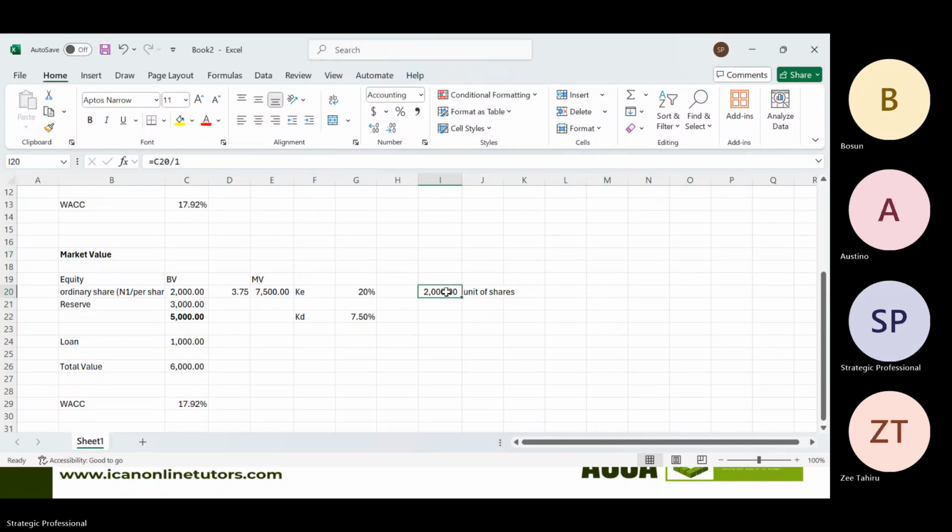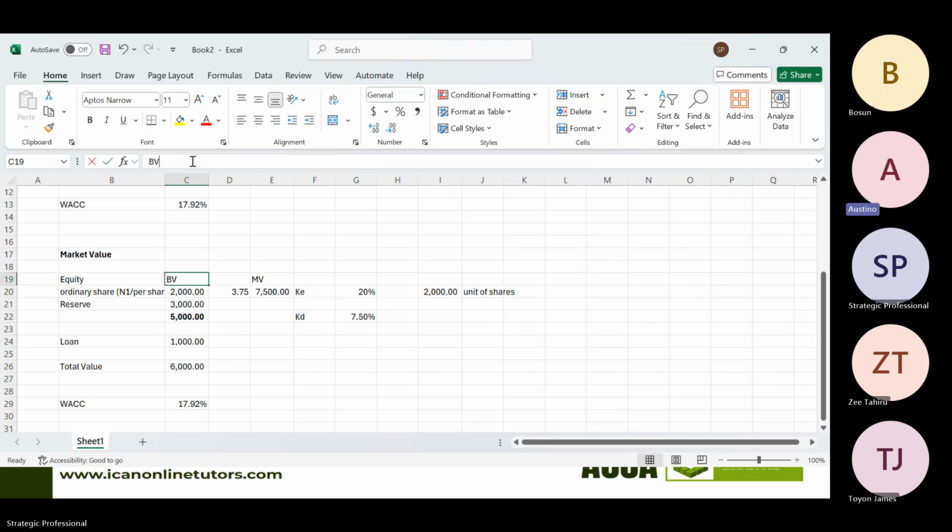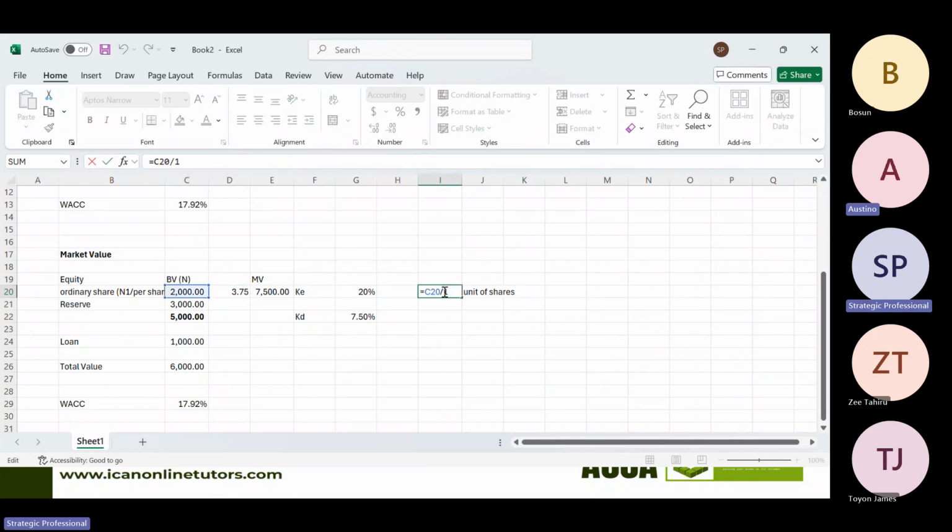So this 3.75 is multiplied by the units of shares you have, which is 2,000. You know this 2,000, this book value you are seeing, is in Naira based on the financials. So you won't be multiplying 3.75 by 2,000 Naira; it will be by the total number of shares, which is 2,000. Do you understand?